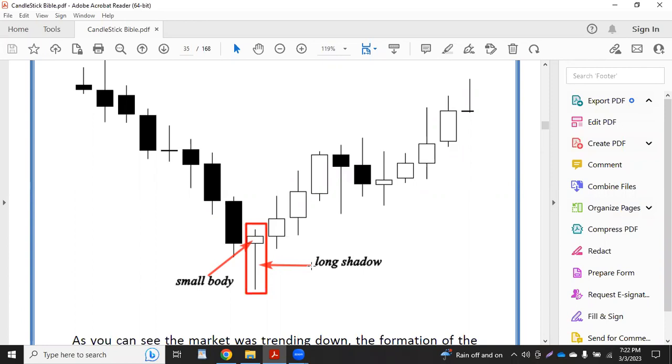That's how we create confluence, the kind of confluence that gives us high probability trades, right? So we don't take them one at a time, separately, or in isolation. We try to make them work together because they work best together. Not everything, but a lot of it working together is better than taking one in isolation, right?